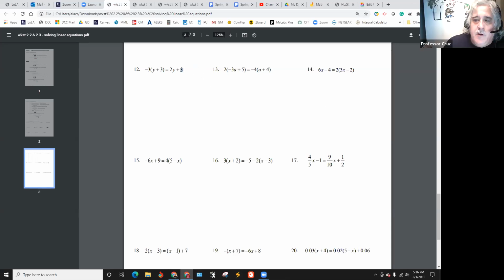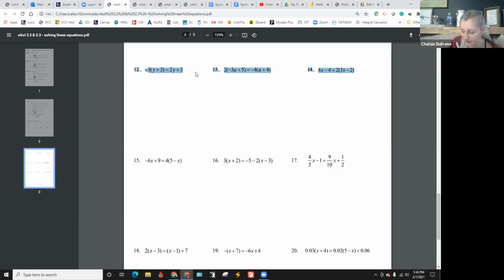All right, anything on that first one? I got negative 27y equals 4y. Oh, I'm sorry, I didn't see the 3. I wrote a 2 down on my paper. 5y? Yeah. Well, you got a sign change, but 5y is equal to what?